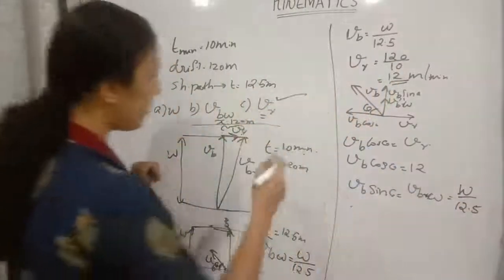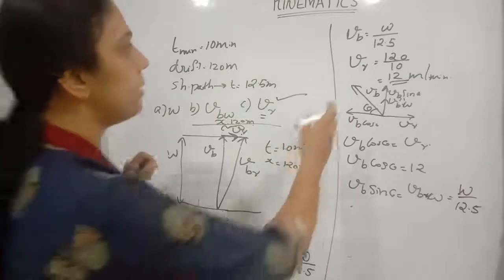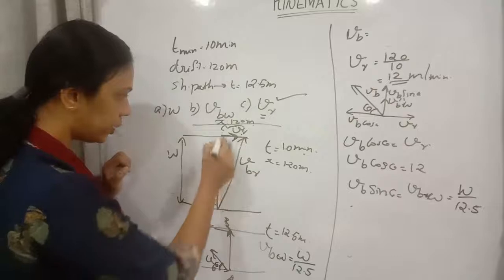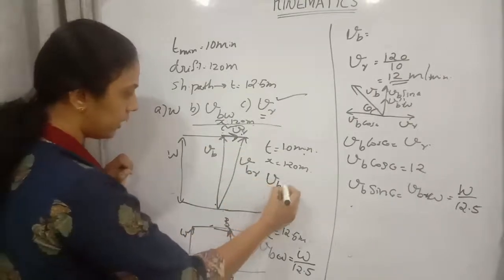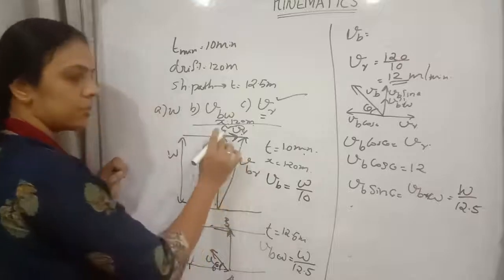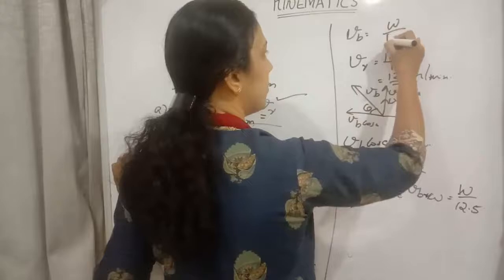Now we already found the value of VB. What is the value of VB? VB is not W divided by 12.5. Velocity of boat equals W divided by 10, if it is moving in the straight path. So VB we already got as W by 10.